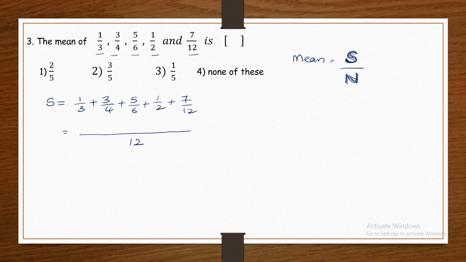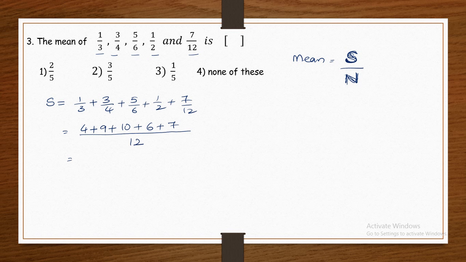In 3 table, 12 goes 4 times, so 4 into the numerator, 4 ones are 4. In 4 table, 12 comes 3 times, so 3 into 3 is 9. In 6 table, 2 times, so 2 5s are 10. In 2 table, 6 times, so 6 ones are 6. In 12 table, 1 time, so 1 into 7 is 7.